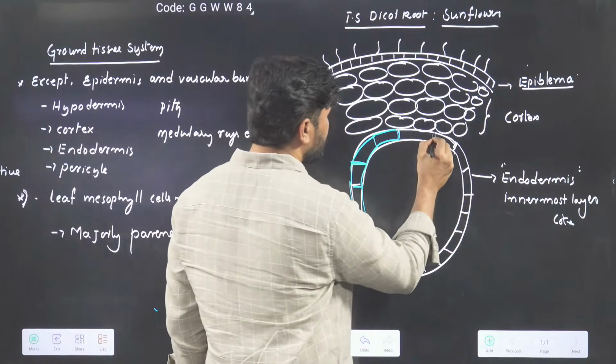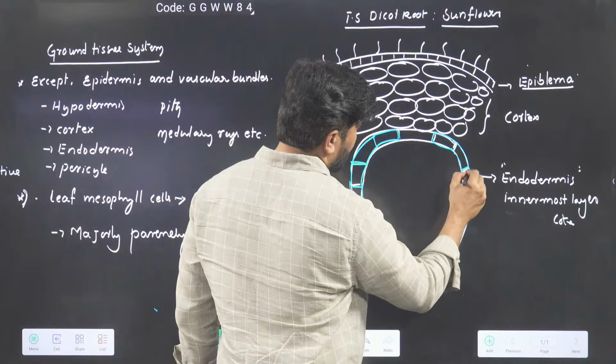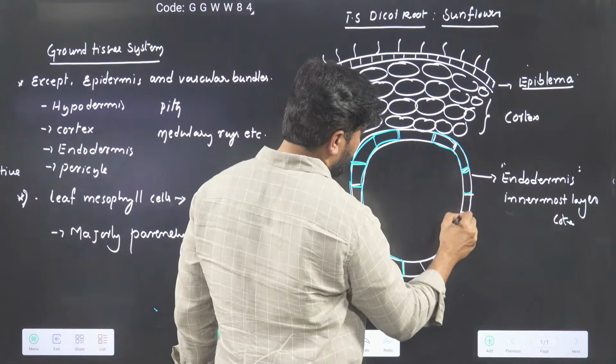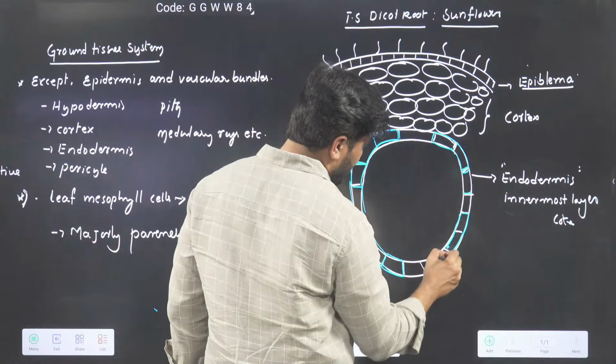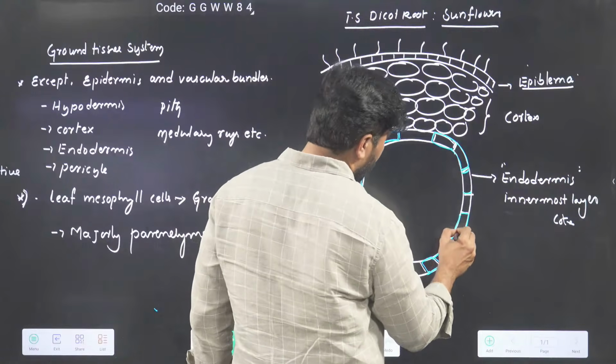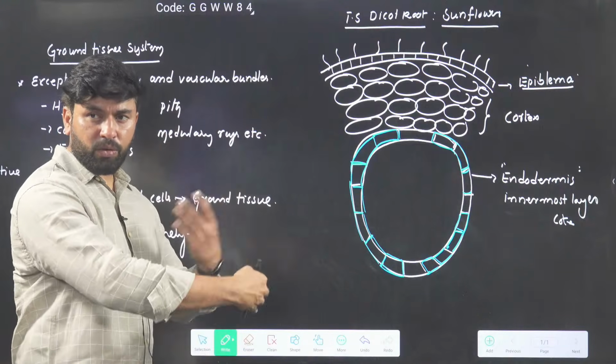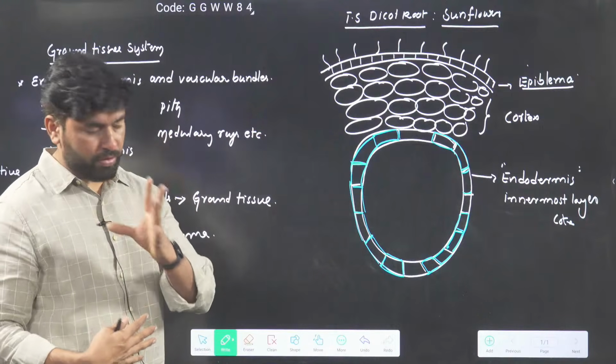That water impervious coating is known as Casparian strip. Do you remember that word? Casparian strips will prevent water loss from the inner cylinder to the outer area of the root.